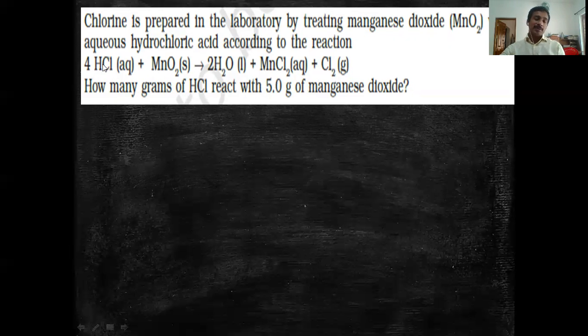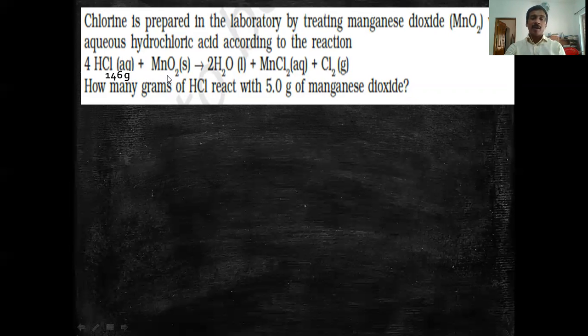How many grams of HCl present? HCl, you know the molecular mass. H 1, chlorine 35.5. So 1 plus 35.5, 36.5 into 4. That is equal to 146 grams. So 146 gram HCl is reacting with how many grams of manganese dioxide?